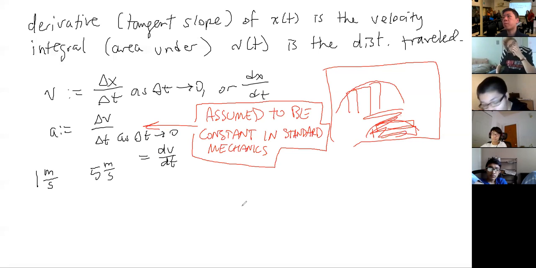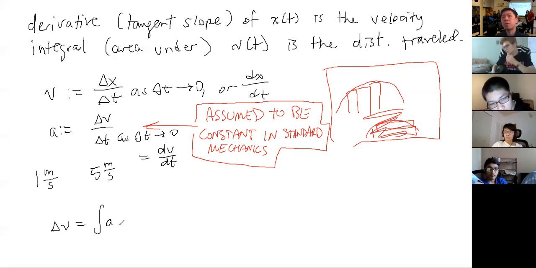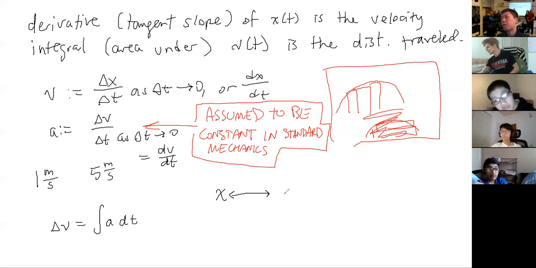And in the same manner as well, we can say that the change in velocity is equal to the integral of acceleration dt. So we have this thing with x, v, and a.